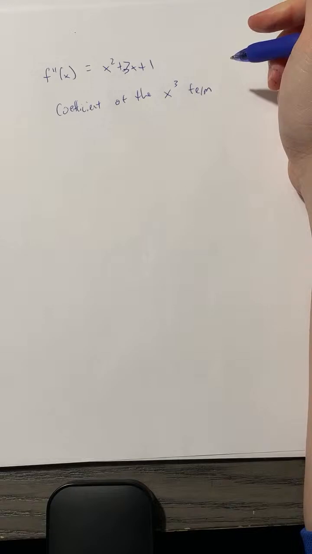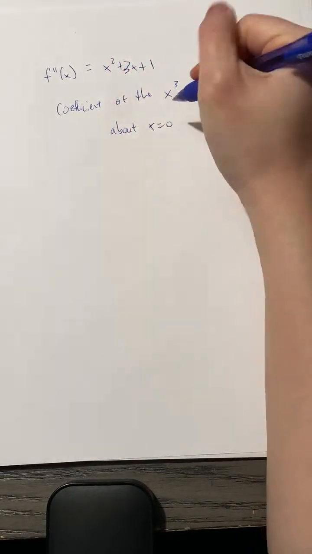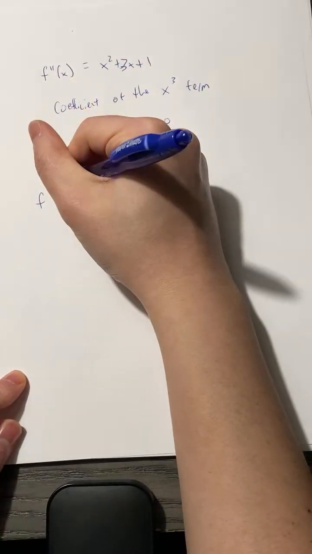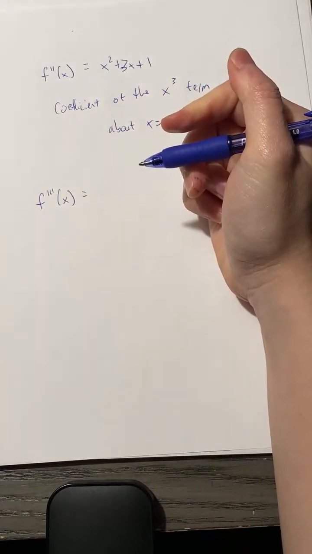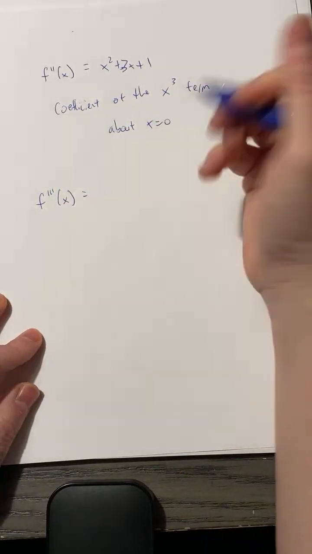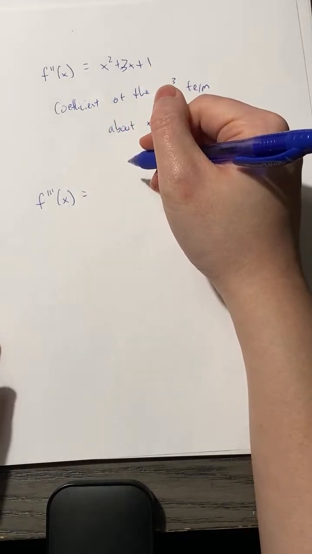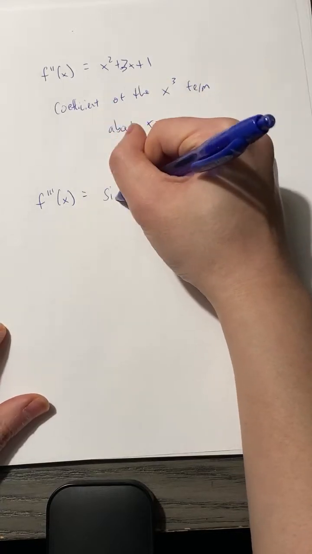Yeah, this is what I want. About x equals 0, so it's Maclaurin. We can practice one without being Maclaurin if you want to practice as well. So for example, f triple prime of x is equal to, I don't know, I don't want to go too crazy. Let's do sine of pi x.